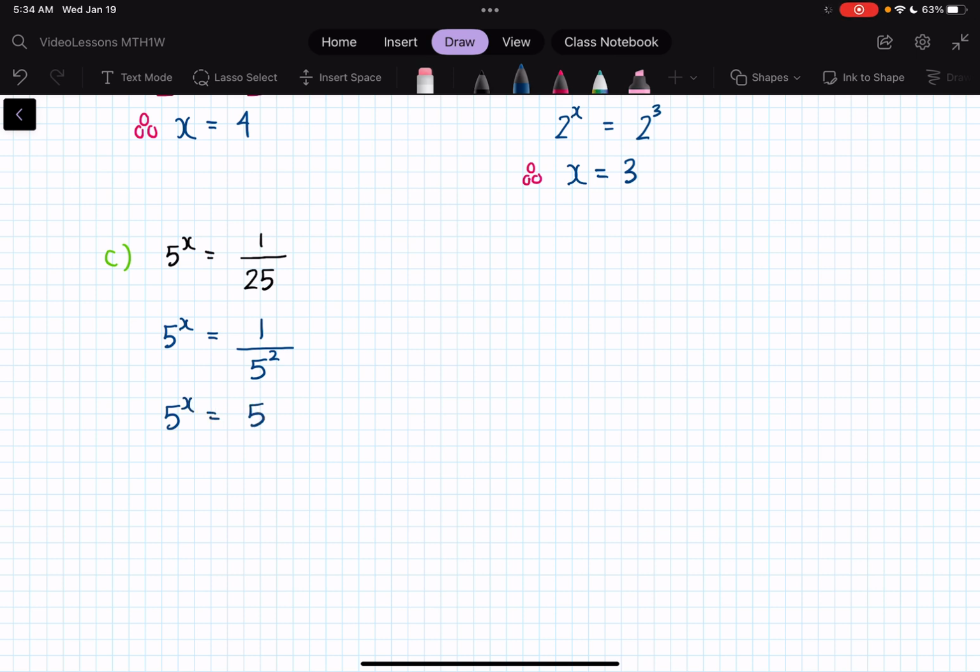But remember, when you have a base in the denominator, if I push that base into the numerator, its exponent will become negative. So it's almost like taking your negative exponent rule and working the other way around. And so now I can draw the conclusion that because I have same bases equal, that means that my exponents are equal.